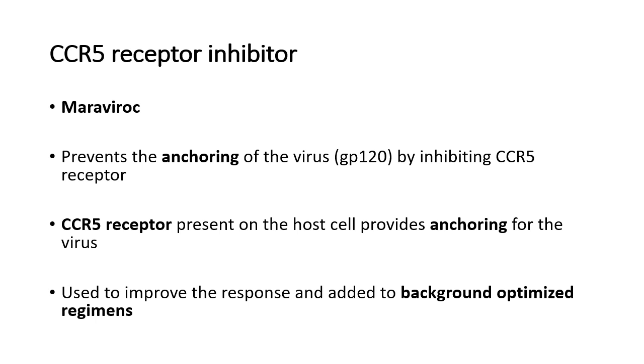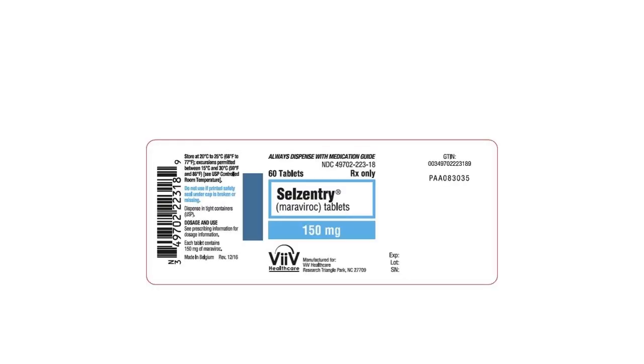So if these three drugs are not giving the required response, that is the decrease in HIV count, increase in T lymphocyte count, then we can add maraviroc to improve the response. Maraviroc tablets, which are CCR5 inhibitors, they prevent the anchoring of the virus onto the host cell.